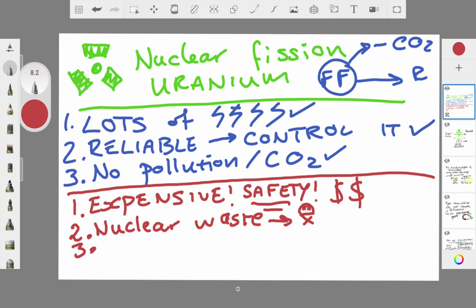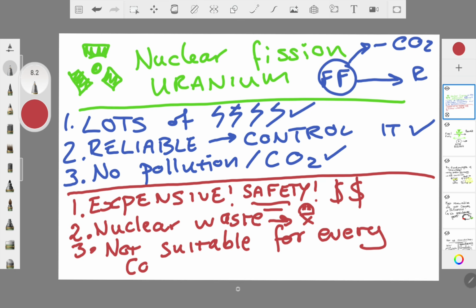And then number 3, another one, is that it's not suitable for every country. Some countries won't sell uranium if they think the other country has bad intentions.